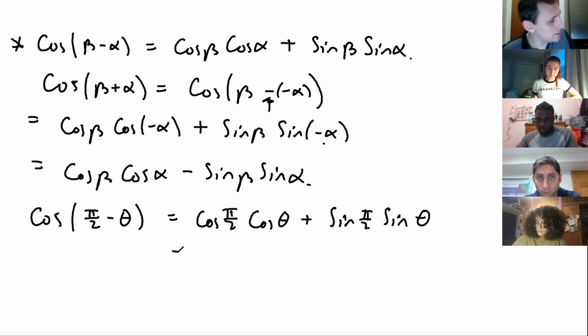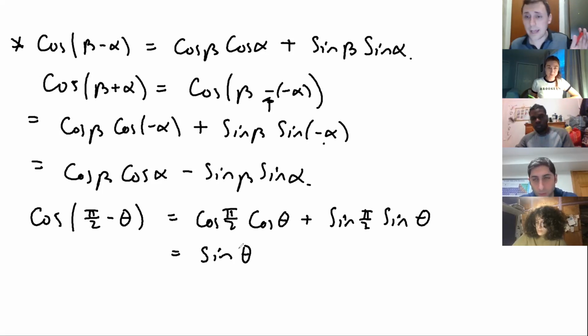And cosine of pi over 2 is 0, and sine of pi over 2 is 1, so this is simply sine of theta. Agreed? And I proved that for all angles theta.